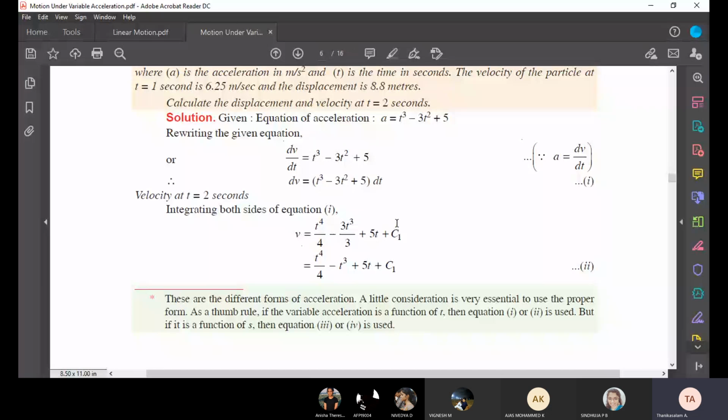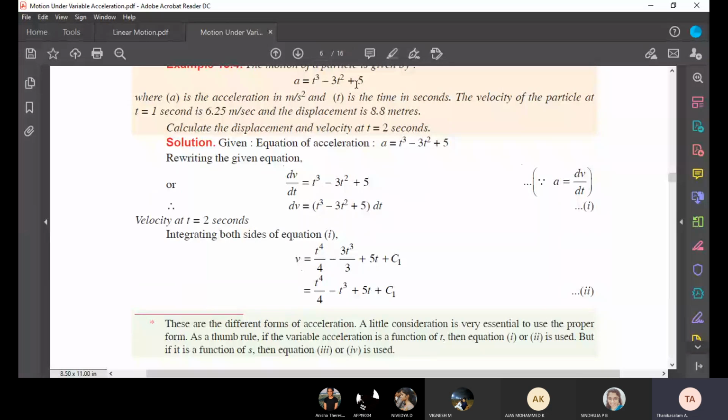How did we get it? Because we already know acceleration equals t cube minus 3t squared plus 5. Our aim is displacement and velocity, so we are going in the reverse direction. We know a equals dv by dt, so dv by dt equals t cube minus 3t squared plus 5. Cross multiplying, dv equals (t cube minus 3t squared plus 5) dt. I am integrating both sides.